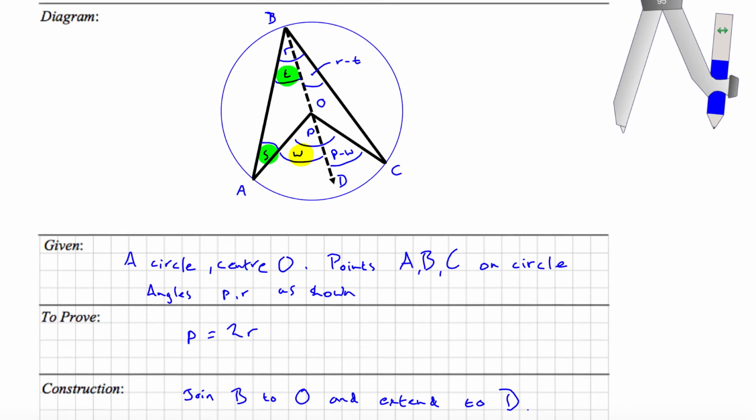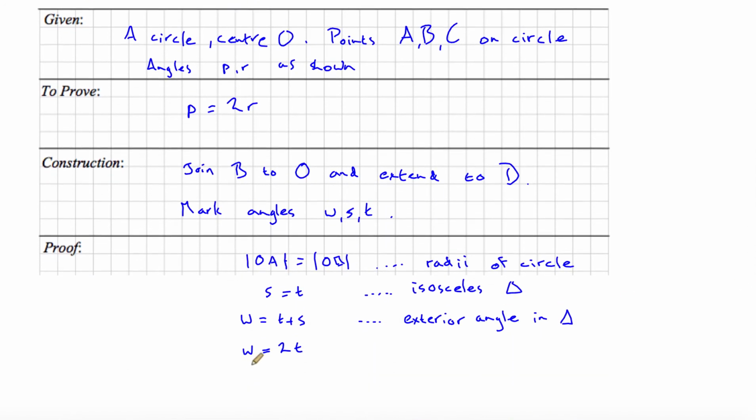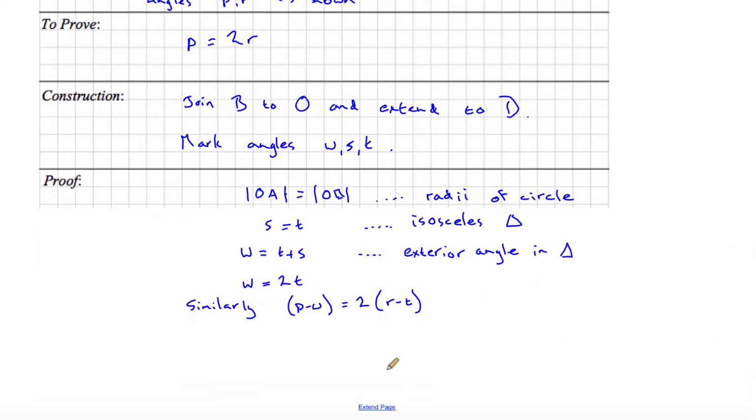You can just say, because you've already proved it, that similarly the angle P minus W will be equal to twice the angle of R minus T.